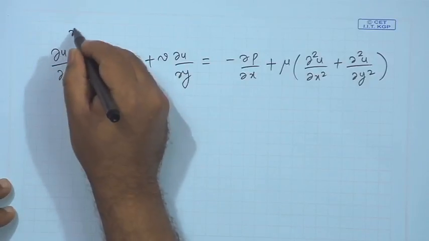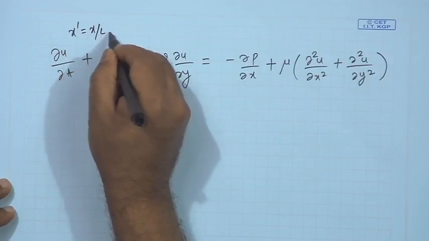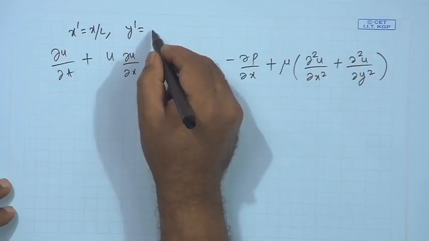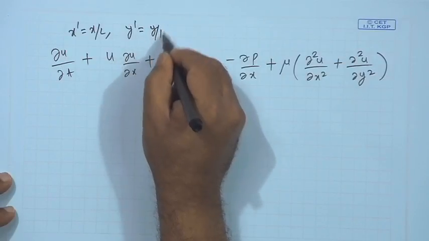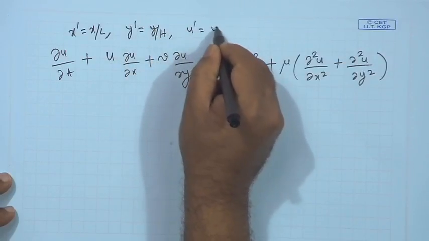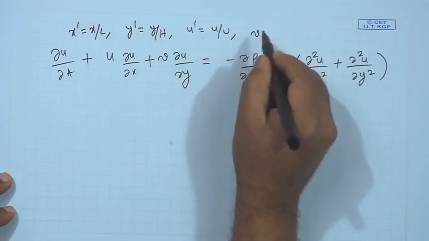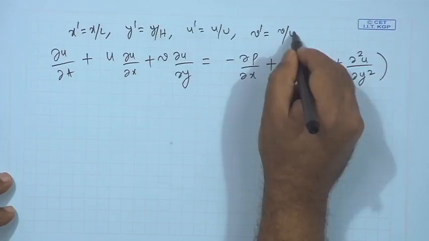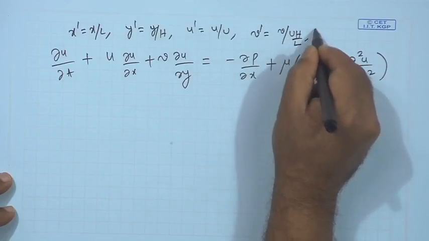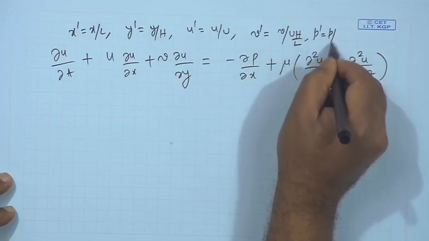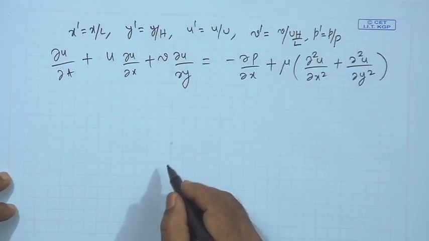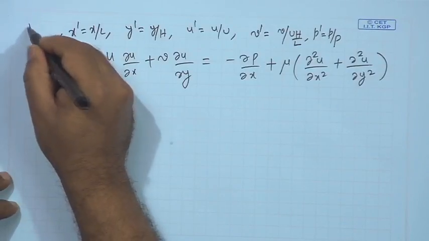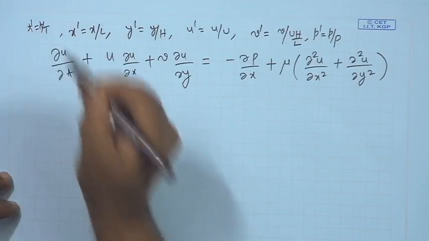And just now we have obtained for V, this is the scaling. Of course, we have T, so we can introduce it.